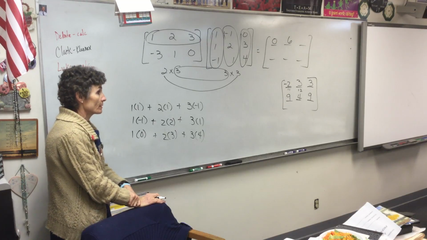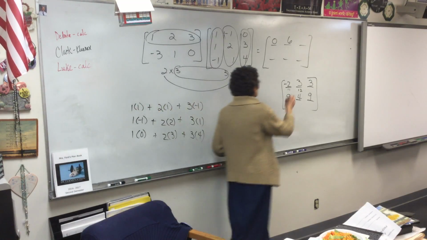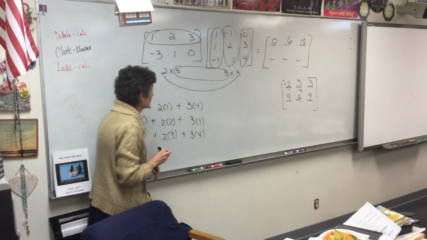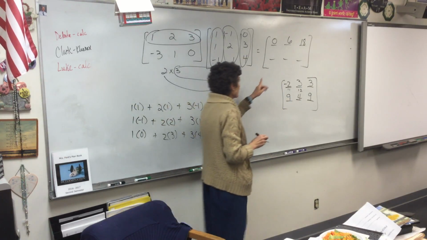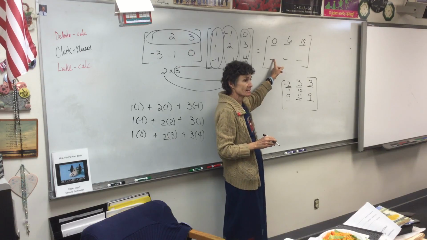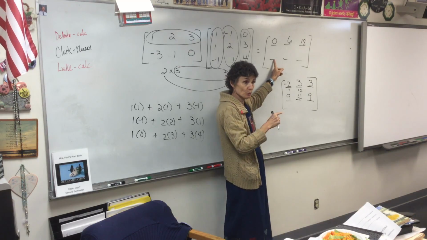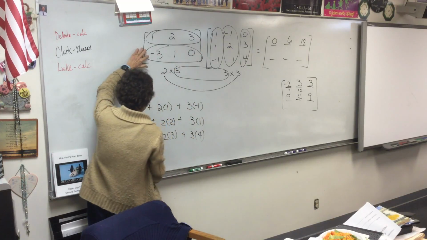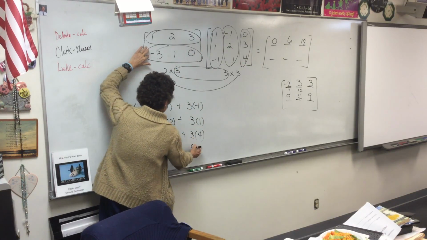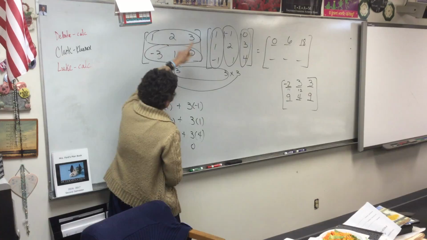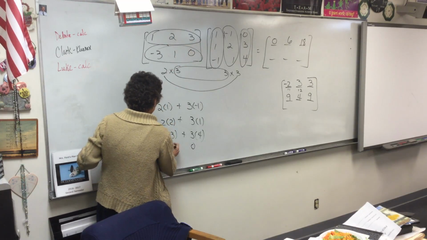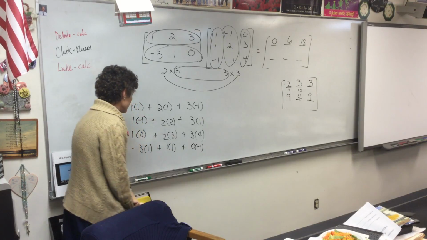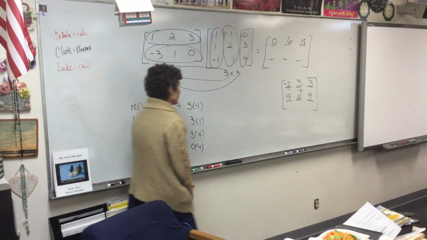What'd you get? 18? All right, now I need this spot. Now which spot is this? This is in row 2, column 1. So row 2, those numbers are negative 3, 1, and 0. And then column 1 is 1, 1, negative 1. You get negative 2. Very good.